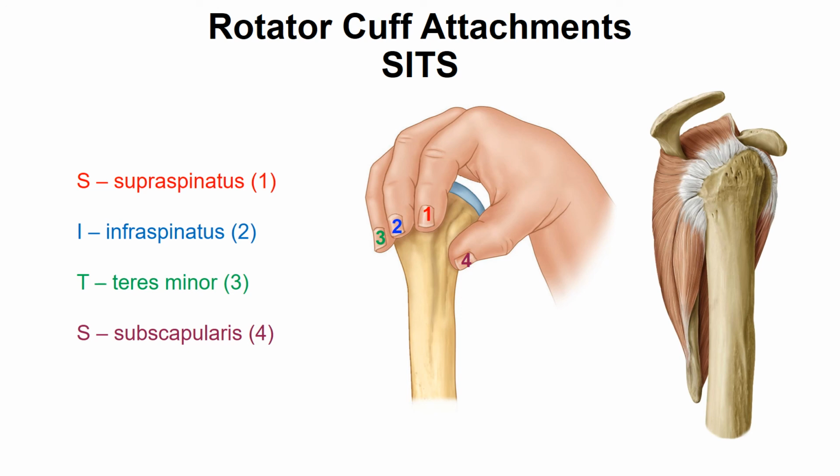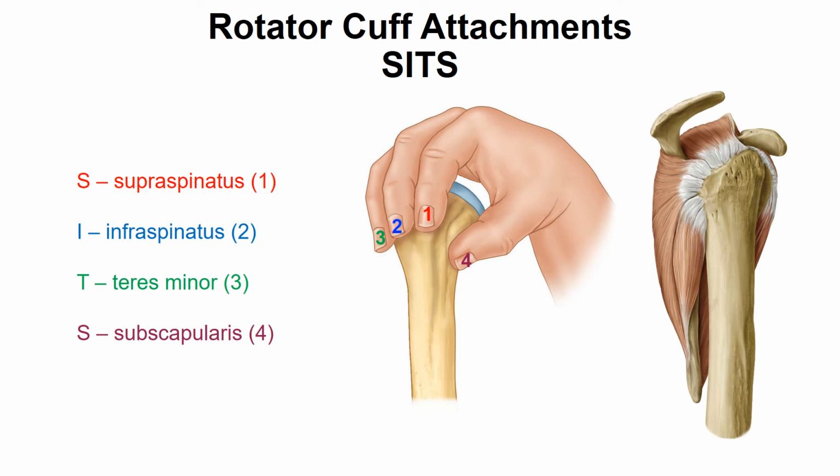So superior facet, where your index finger is going to sit at number 1, is going to be supraspinatus, so the first S. 2 is going to be infraspinatus at that middle facet for the I. 3 is going to be teres minor for the T at the inferior facet. And then the only one attaching to the lesser tuberosity is going to be the subscapularis at 4, which will be your second S, giving you SITS.